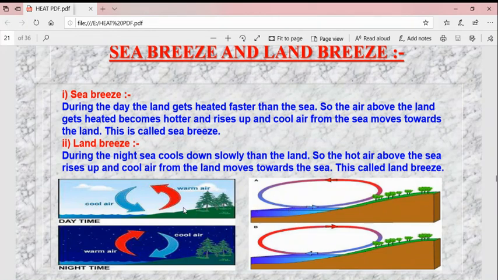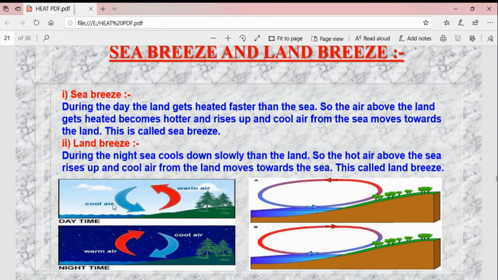During daytime the land gets heated and the air above it gets warm. This warm air expands, becomes less dense and moves upwards. Meanwhile, the water takes longer to heat up.